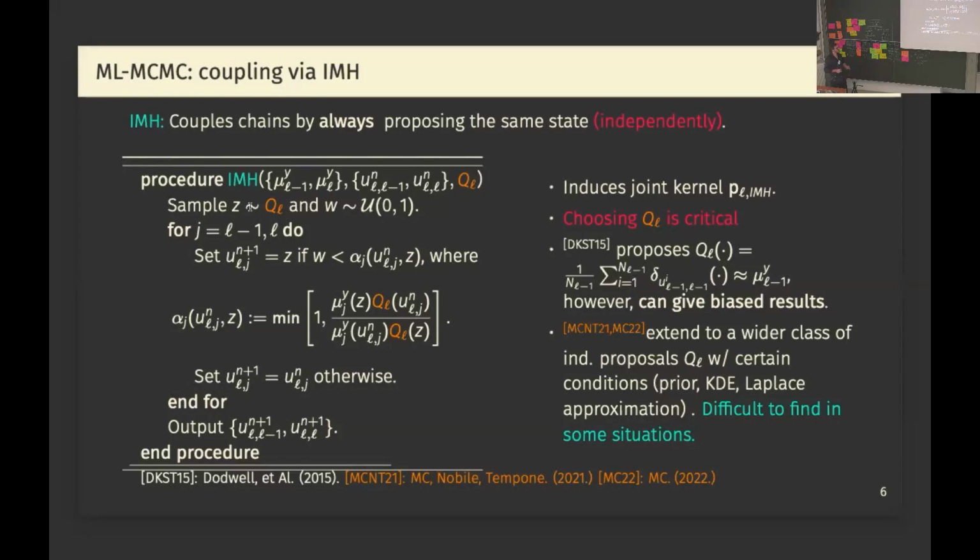However, one can show that in some cases this can give biased results, and this bias might not be negligible. What we did in this work was to extend this methodology to a wider class of proposals that satisfy certain conditions, and that can be given by, say, a prior, a KDE, or a Laplace approximation. However, admittedly, they're not always easy to construct or to verify these assumptions.